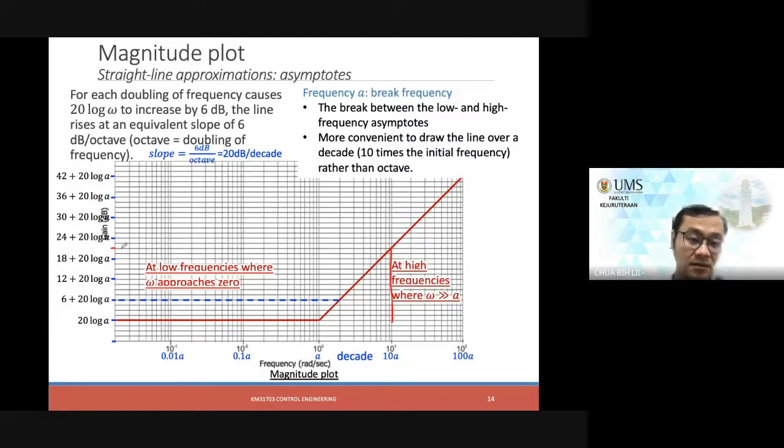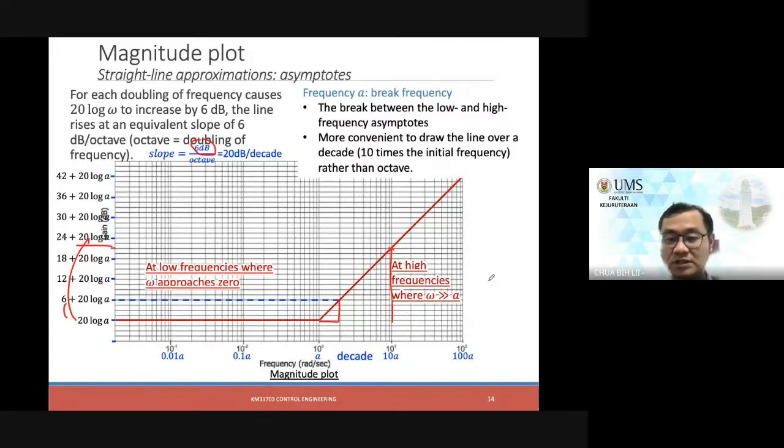This is approximately 20, somewhere here. And if you draw this out, this also represents doubling and it should give you 6 dB. So basically, what you need is from this point to the next decade, make sure you have increased 20 dB. That's all. So just plot those 2 points and draw a straight line.